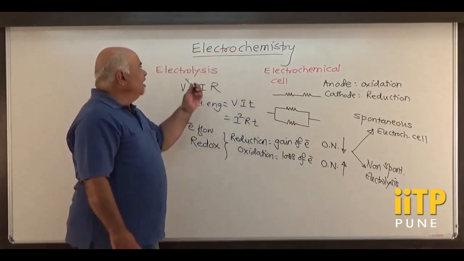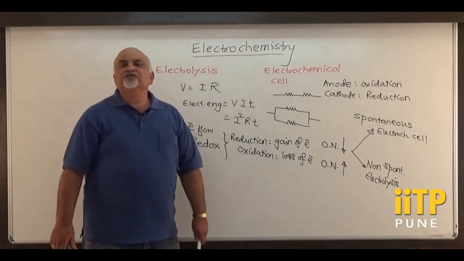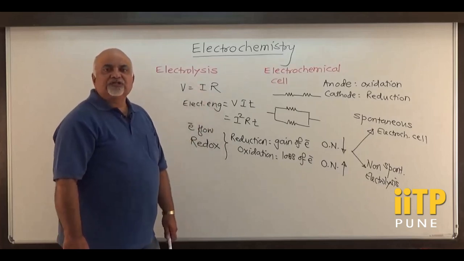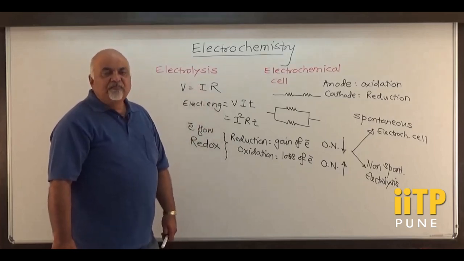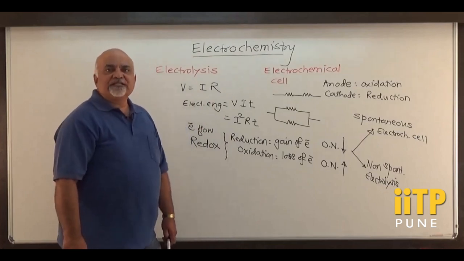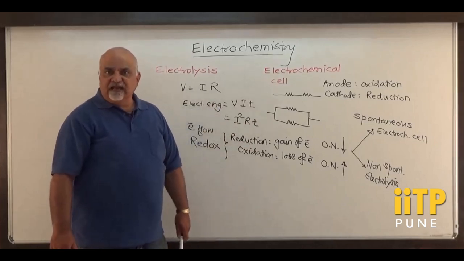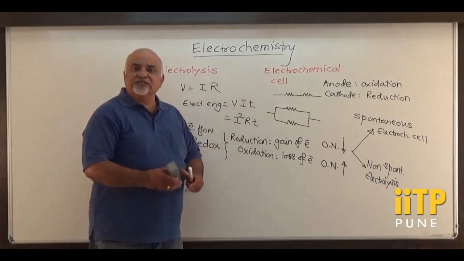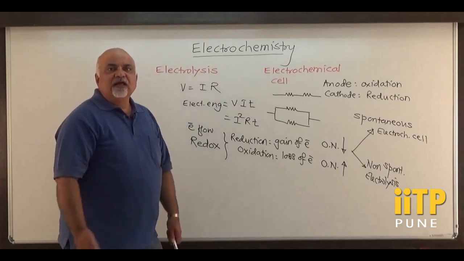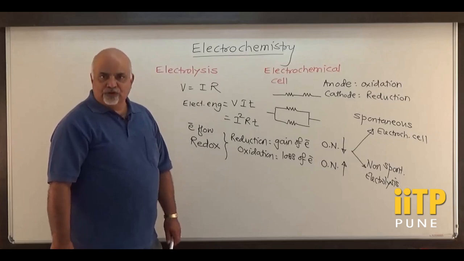One is called electrolytic cell, other is called electrochemical cell. In electrolytic cell, electrolysis is carried out by using electrical energy to get chemical products, that is chemical reaction. In electrochemical cell, there is a spontaneous redox reaction which will generate electricity called EMF, electromotive force, in DC volts.